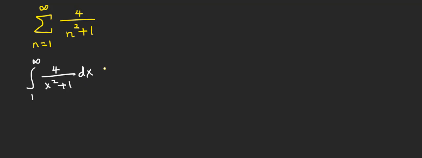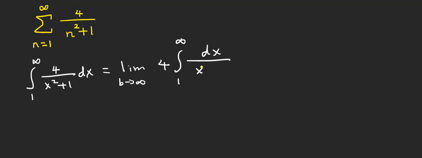So this is the same thing as the limit as b goes to infinity of the integral from 1 to infinity dx over x squared plus 1. And you know the integral of this is arctangent of x.